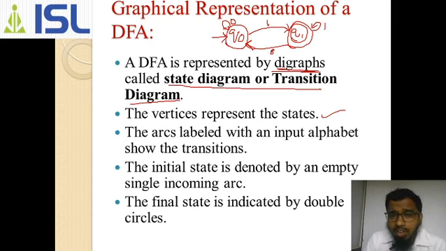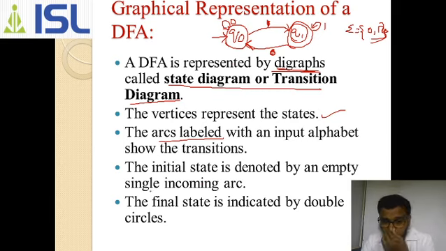Here sigma equals 0, 1, and my string was 0, 1, 0, 1. Whatever is written on the arc is called the label. The initial state is denoted by a single incoming arc.